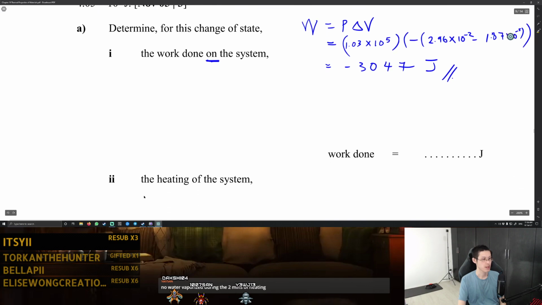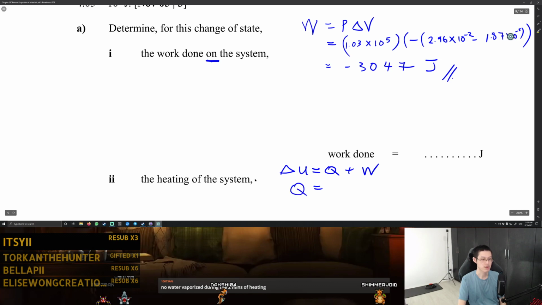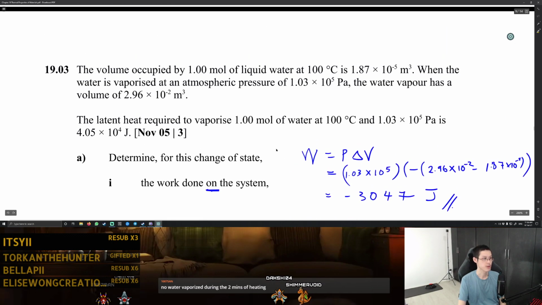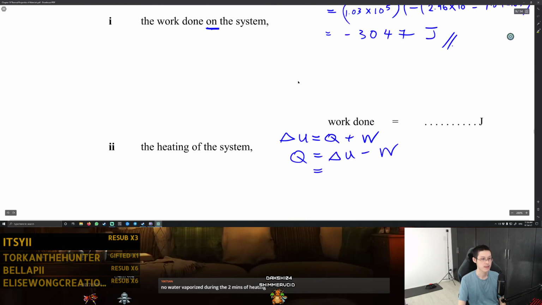So next up, we're going to find the heating of the system. If you use the first law of thermodynamics, that refers to the Q. So Q is going to be delta U minus W. Do we know what delta U is? We don't.